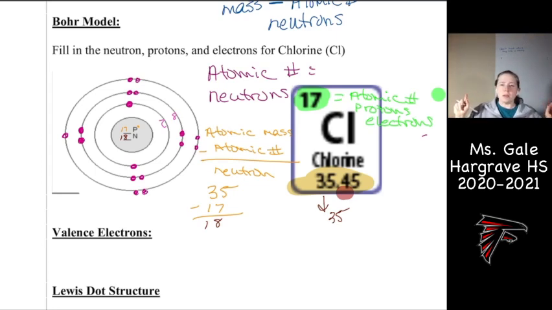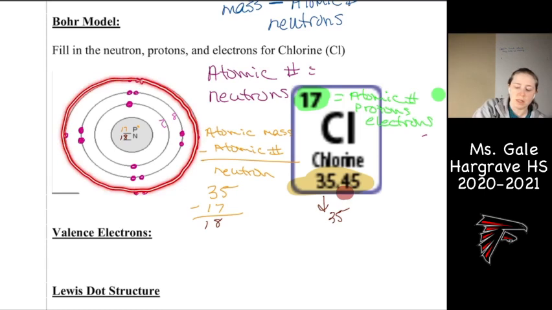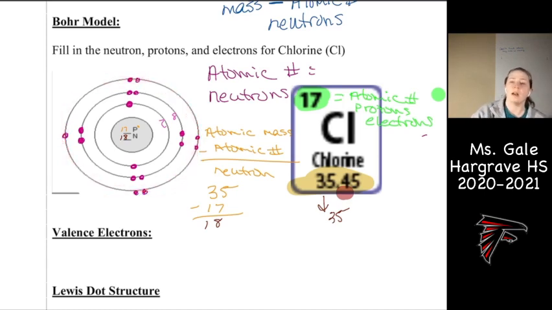But there's something that's not quite right. Chlorine has one free space on its outside energy shell. This very last shell holds the valence electrons for our element.